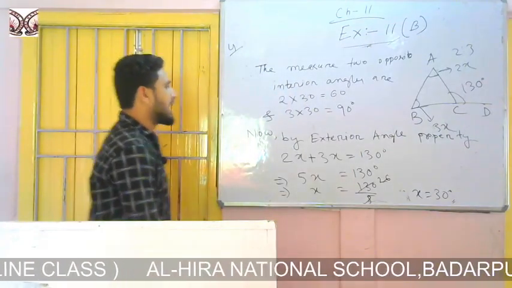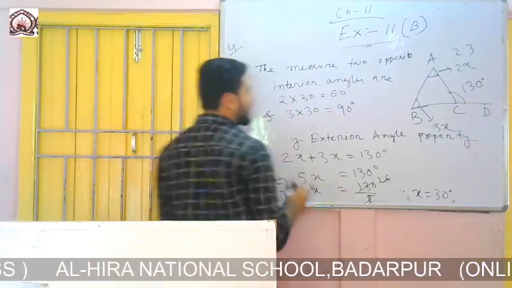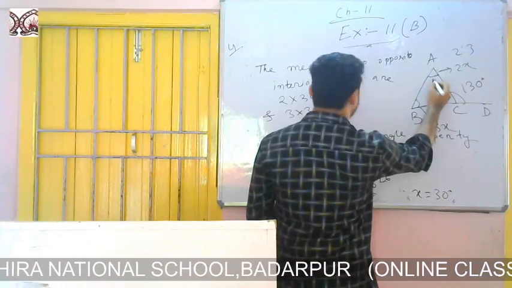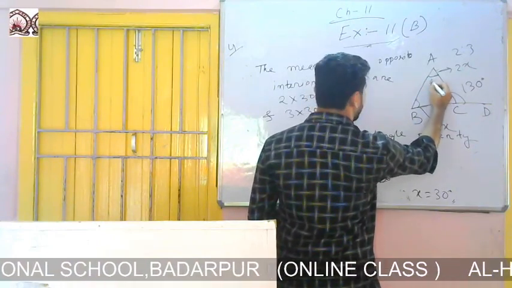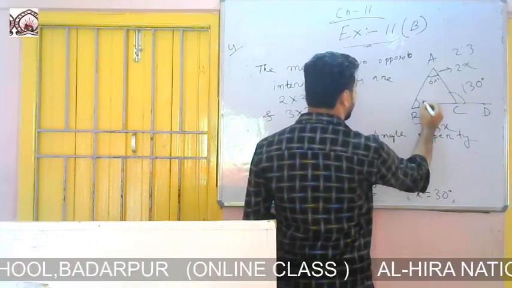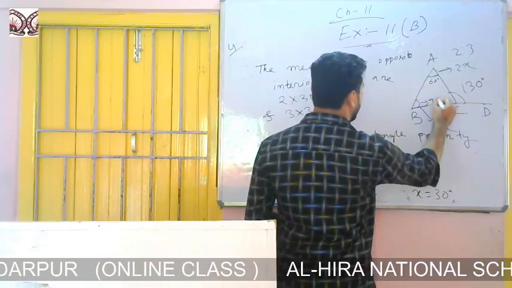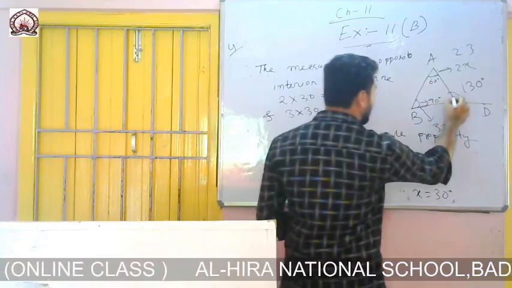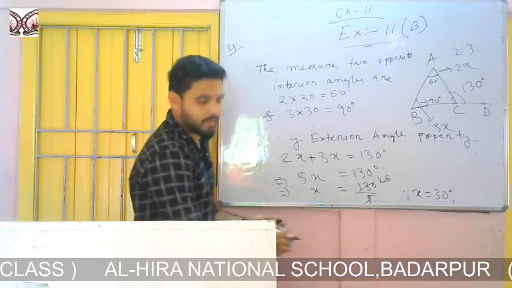Okay, now we can find the third angle, because we just found that the measure of this angle is 60 degree, and the measure of this angle is 90 degree. Now we can find the third angle by the angle sum property.